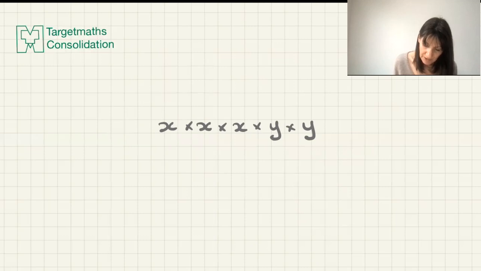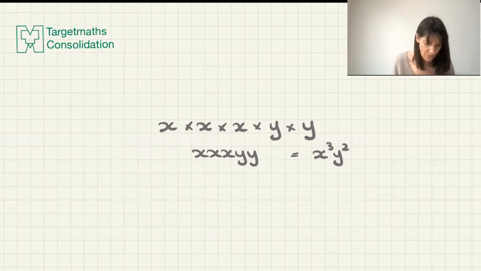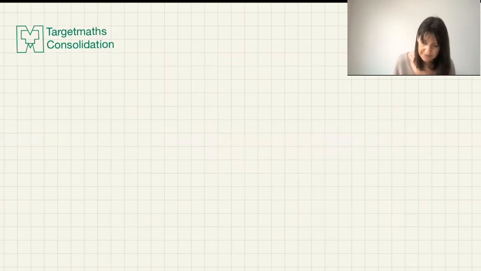So if I was to just take out all those times signs, I would end up with x, x, x, y, y. We don't write that. We put that into powers. So our final answer would be x cubed y squared. All right. Next one.